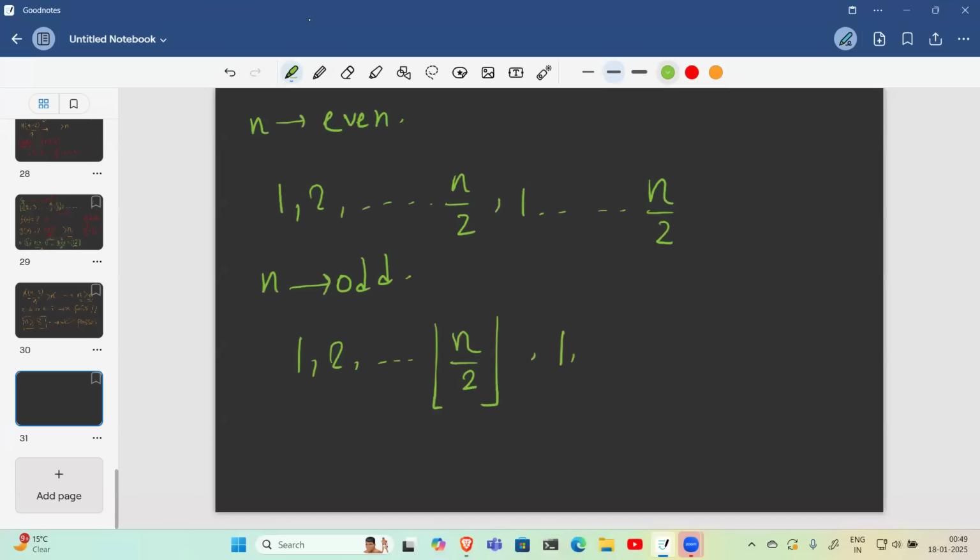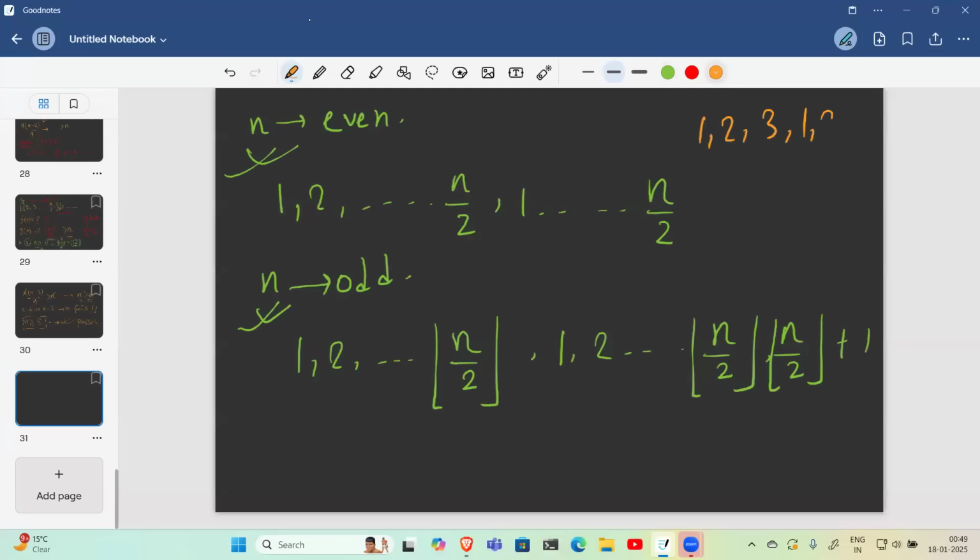Then again you print 1 till n by 2, and then you print this extra n by 2 plus 1. So this is for even cases, this is for odd cases. For example, if n is 6, you just print 1, 2, 3, 1, 2, 3. If n is odd, you print 1, 2, 3, 1, 2, 3, 4.